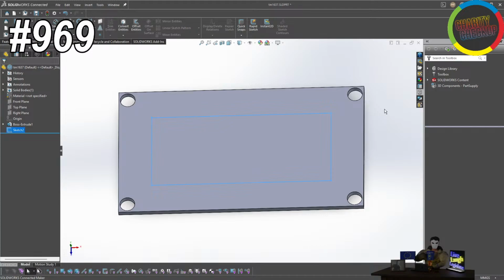Brilliant. What's your height? 7, apparently. Perfect, 7 millimeters. Alright, there we go, brilliant. Extrude by 7.